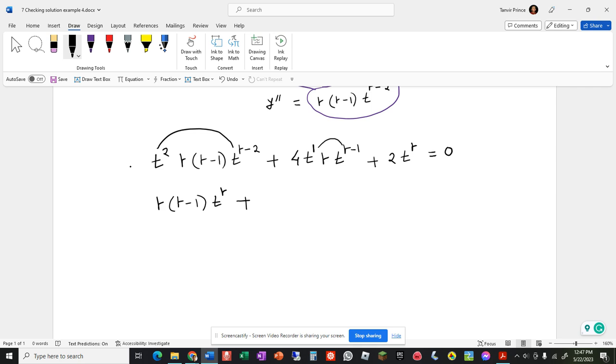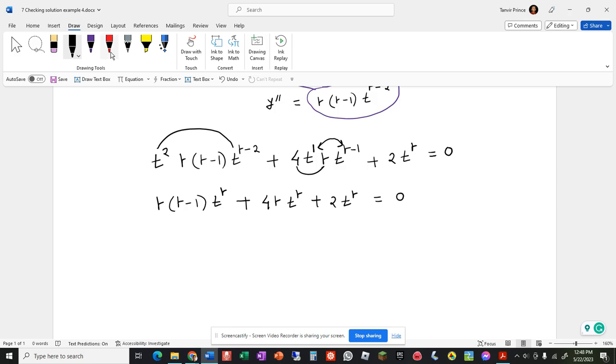So when I add the exponents, I get, first of all, let's copy 4r, and I get t to the power r, because 1 and negative 1 will cancel out. Plus 2t to the power r equal to 0.